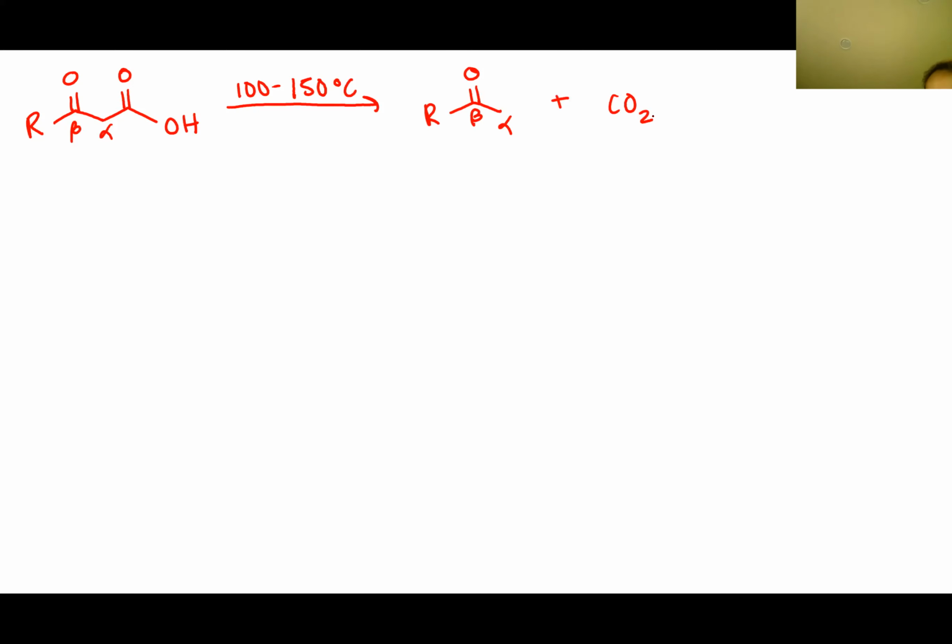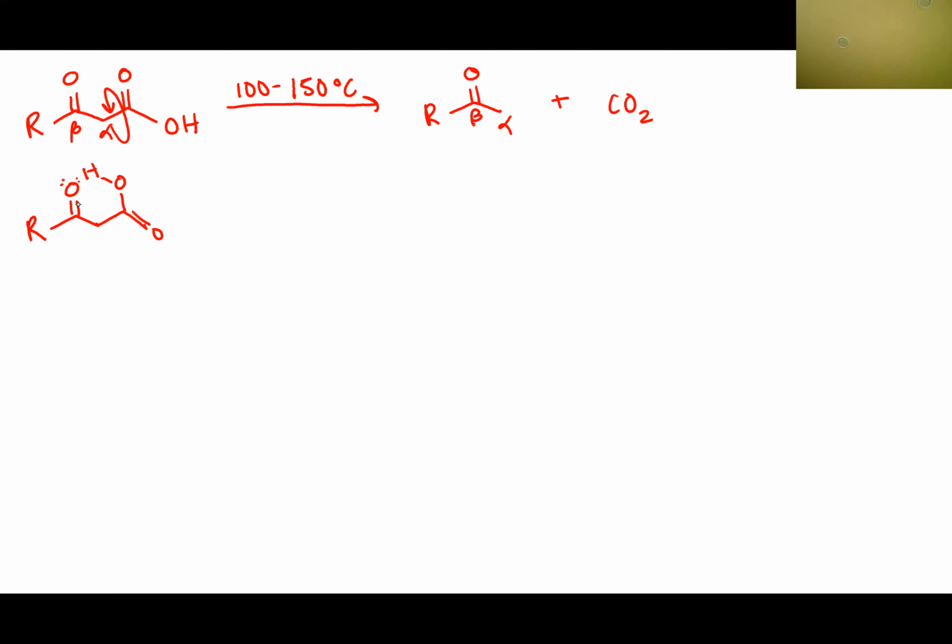So the first thing that happens in this mechanism is that you go through a 6-membered transition state. So remember that there's free rotation around this bond. We could draw the carboxylic acid the way that I drew it in the top structure, or we could also draw it by putting the carbonyl off to the side and the OH group out this way. So this is our 6-membered transition state. And what actually happens in this mechanism is it has a cyclic mechanism.